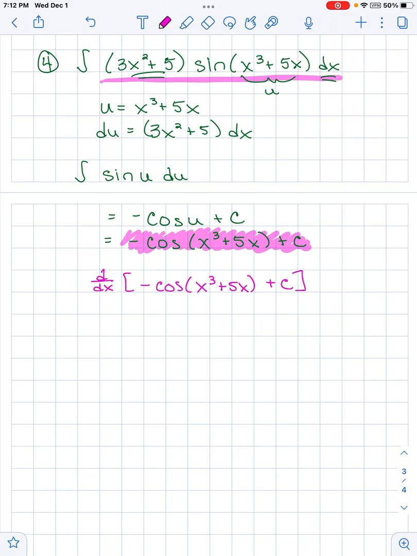The derivative of cosine is negative sine. And since this is negative of that, this becomes positive sine without changing what's inside, multiplied by the derivative of the inner function. The derivative of the inner function is 3x squared plus 5. And then the derivative of the constant at the end is 0. So this does indeed match what we started with. So you can always check your answer to make sure you did it right.